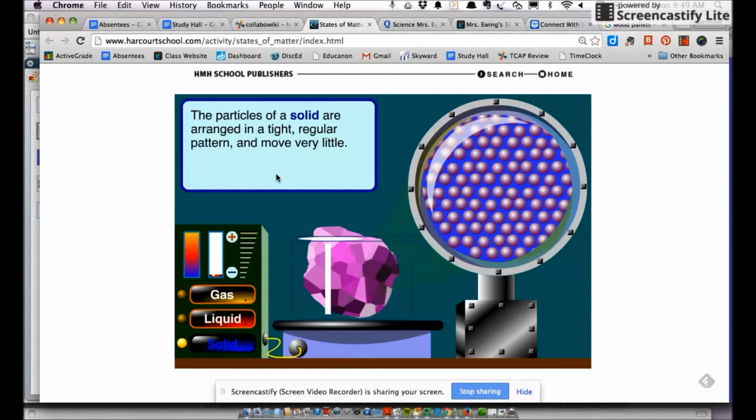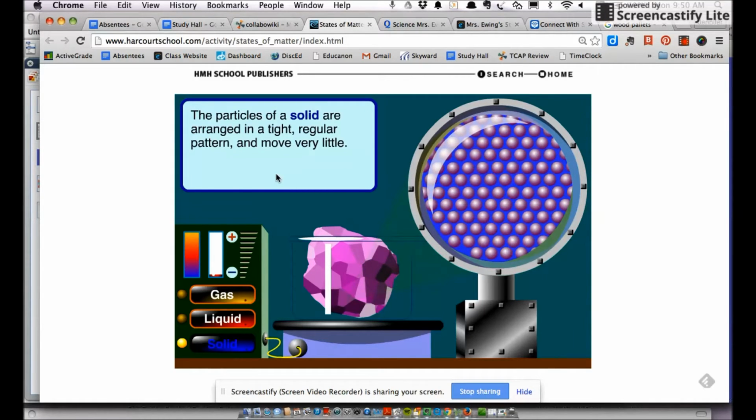So the things we noticed about a solid is that they're packed in tightly. They're moving, but are they moving around? No. And they're in an organized pattern. Now, I want you to draw the sample in the beaker.